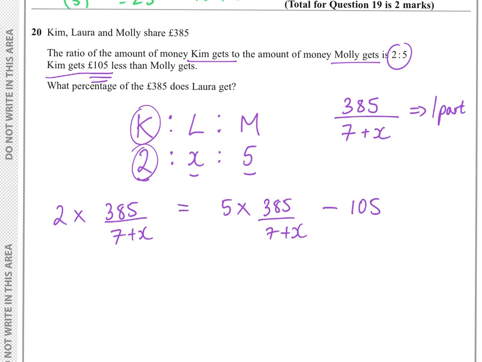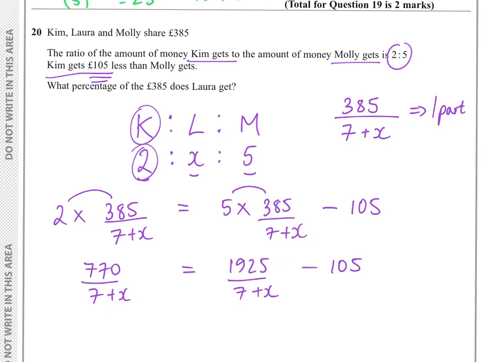So they came up with this really nice equation, which I thought was really good. And if we multiply this out, we get 770 over 7 + x equals, and you've got a calculator here, 1925 over 7 + x minus 105.